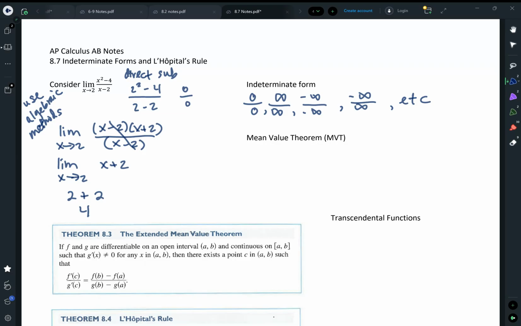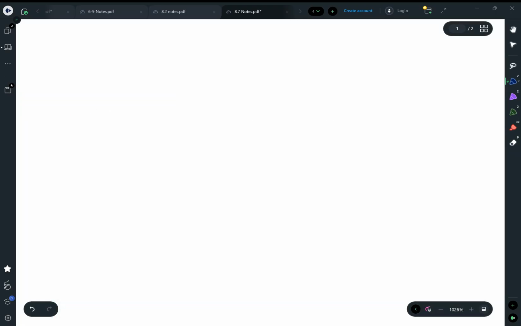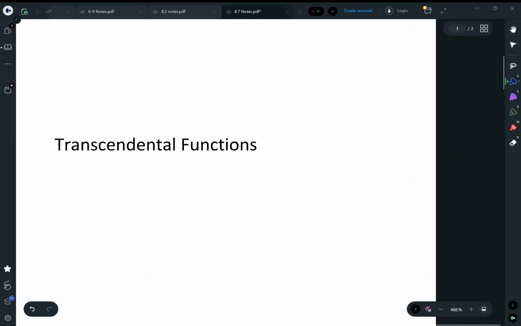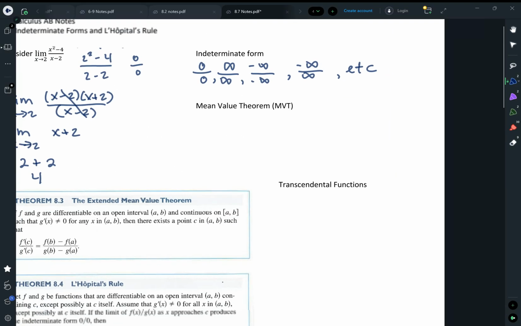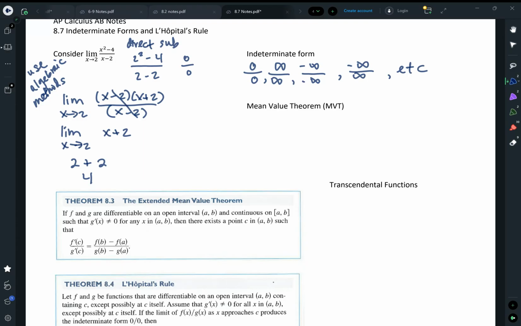We also want to do a quick review of mean value theorem. Mean value theorem is kind of where our new L'Hopital's rule is going to come from. So mean value theorem just said that our slope at a point, which we're going to call f prime of c, because at a point it's the derivative, is equal to the slope of the endpoints.